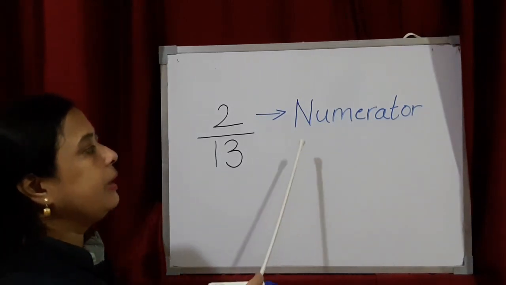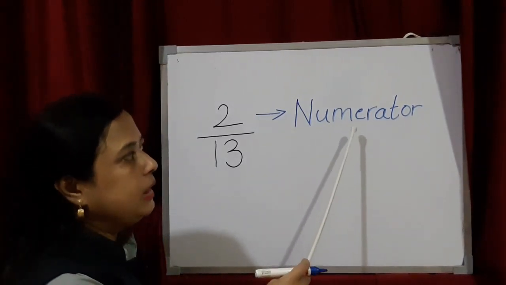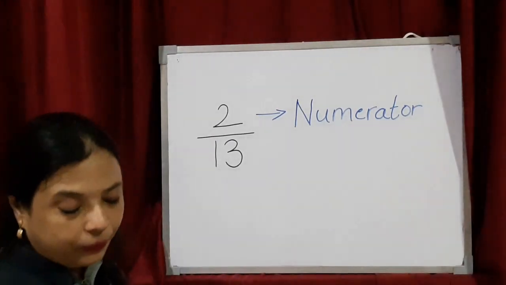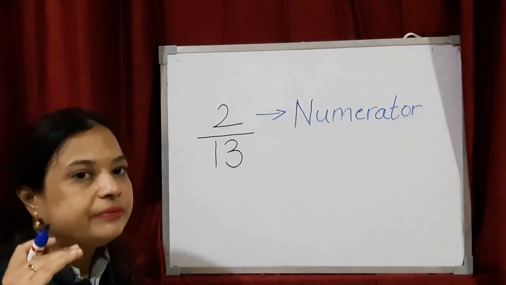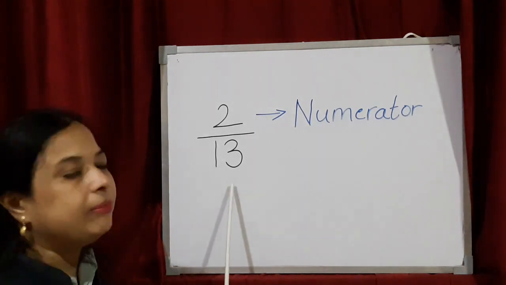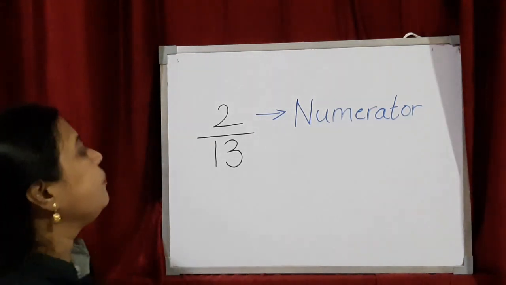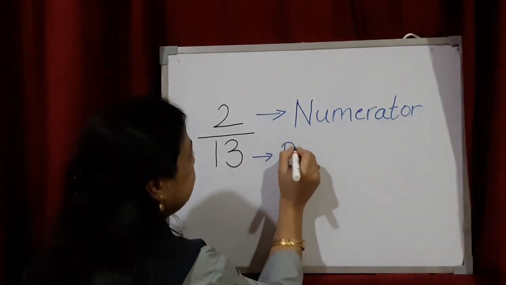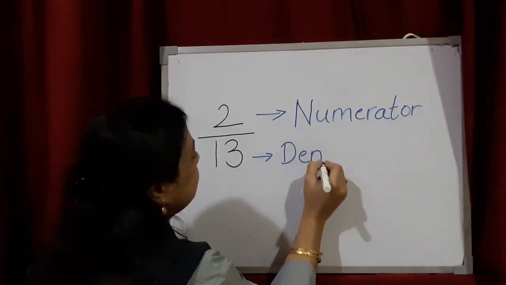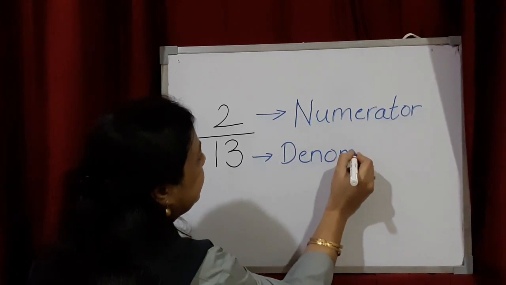N-U-M, okay, numerator. The bottom number, that is the total, that name is denominator. Denominator.